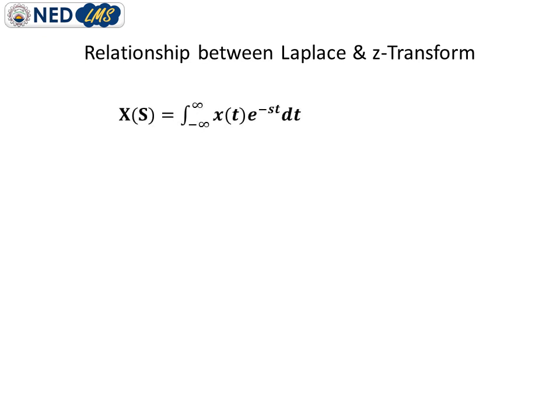As you already know, Laplace transform deals with the continuous time system, as you see with the integral sign as well as the limit, which is minus infinity to positive infinity, and the signal is denoted by x of t. So this is basically the expression of Laplace transform.